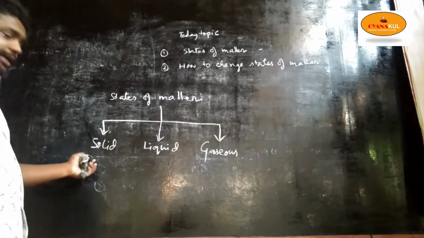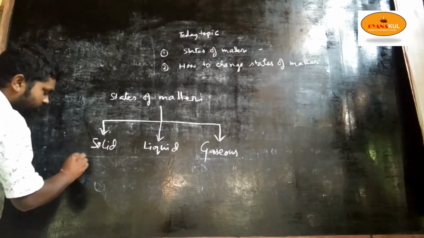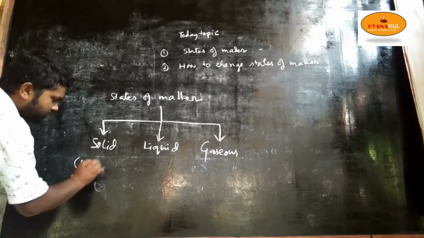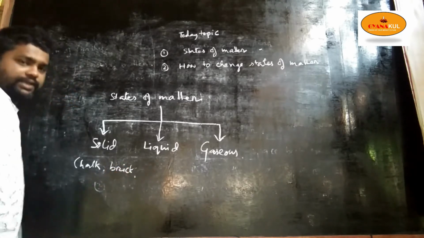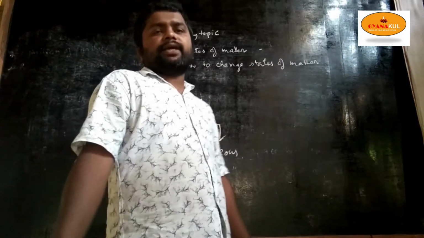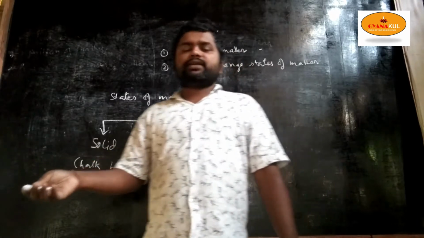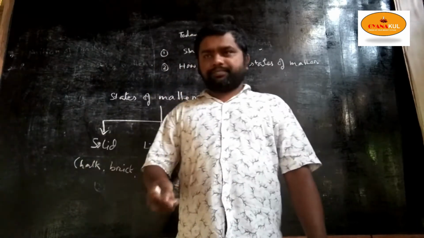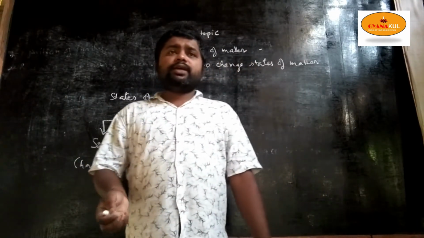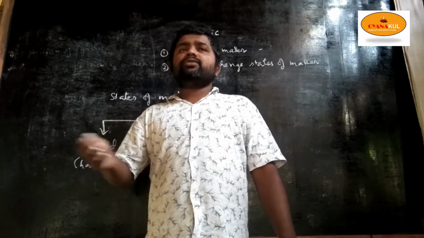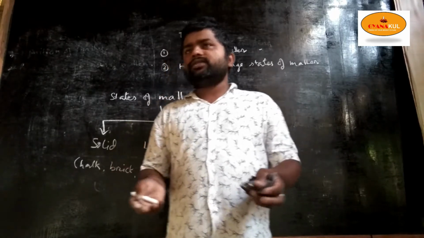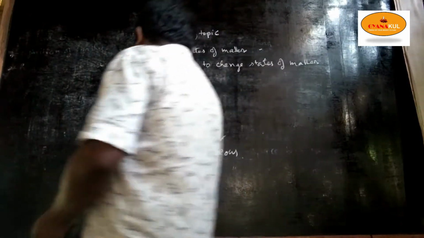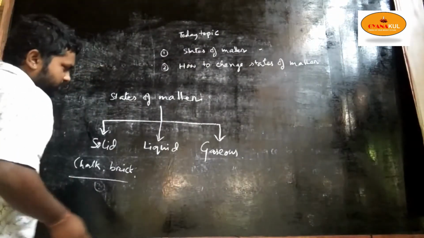Examples of solid we can give like this chalk, like brick, and you can think of other examples like chair, your bench, your books, iron nails, utensils in the kitchen. These are solids.